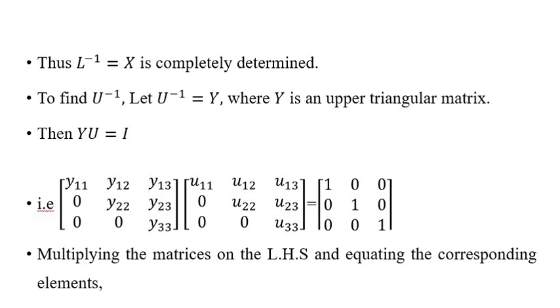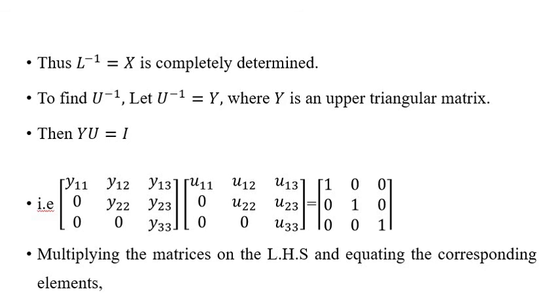Now, to find the U inverse, let U inverse equal to Y, where Y is an upper triangular matrix. Since U inverse equal to Y, we get YU equal to I. So, consider this matrix equation Y into U equal to I. Multiply the matrices on LHS and equate like terms with respect to the terms in RHS.